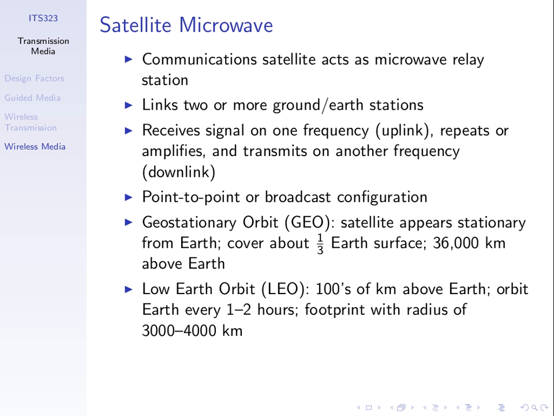So if I look up, I will see a LEO satellite, and I would see it as moving. Eventually, after some time, maybe tens of minutes, it would be out of range from my position because it's gone around the other side of the Earth. And the disadvantage of that is that we do not always have constant coverage with a single satellite of the same portion of the Earth.